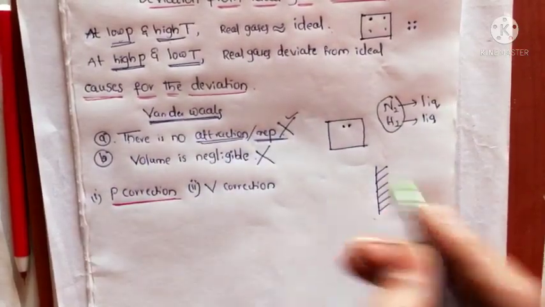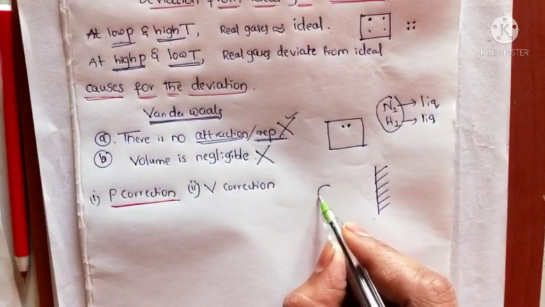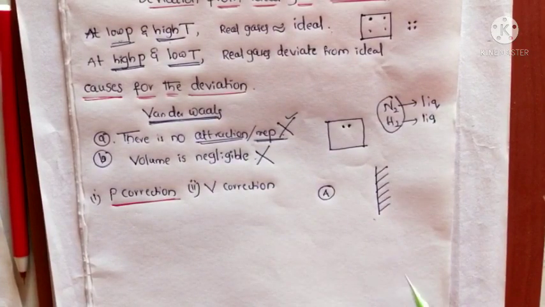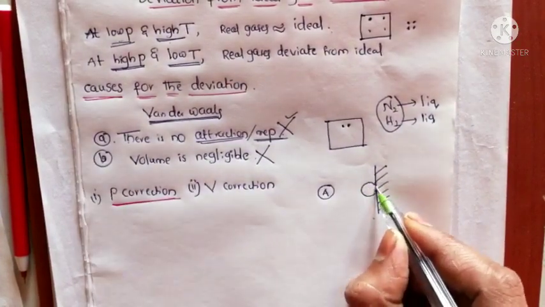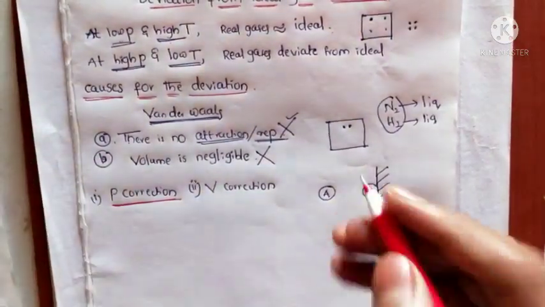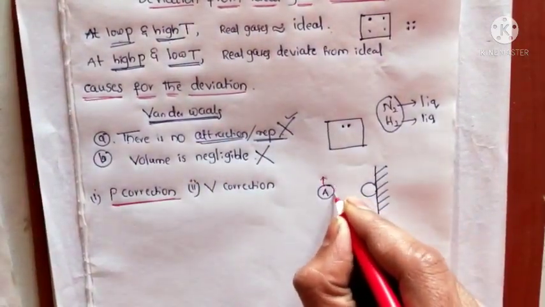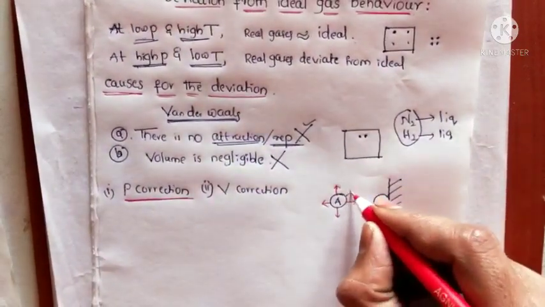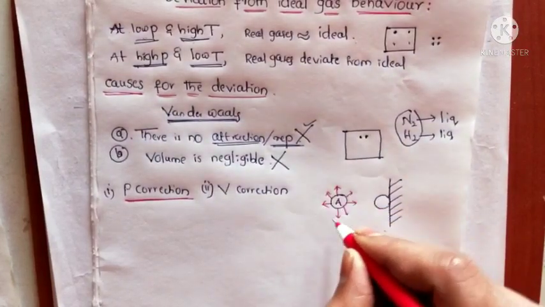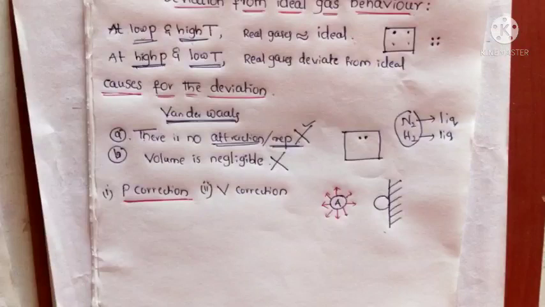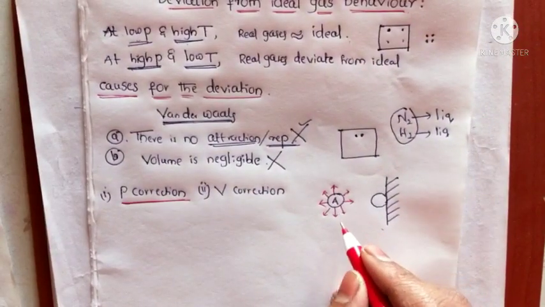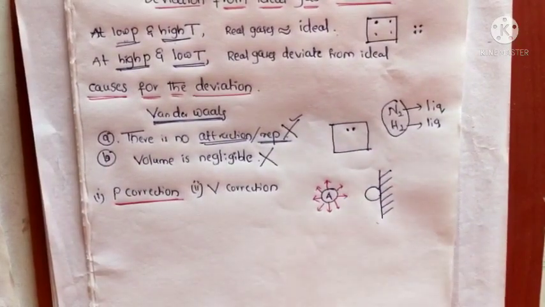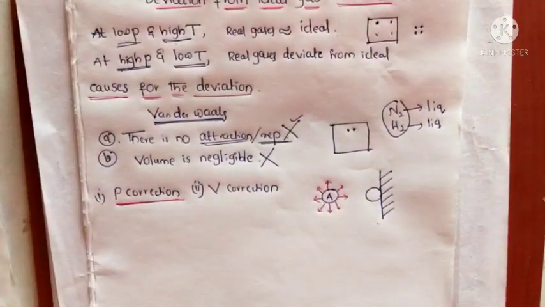Here there are two types of molecules: A type molecules, and the next one is B type molecules. The A type molecule is attracted equally by all gas molecules, in all directions. So the net force of attraction on the A molecule is 0, because the A molecule is attracted by all molecules in equal directions.